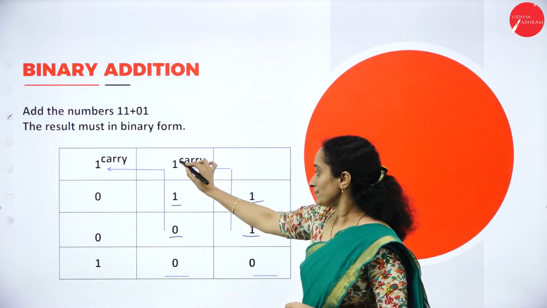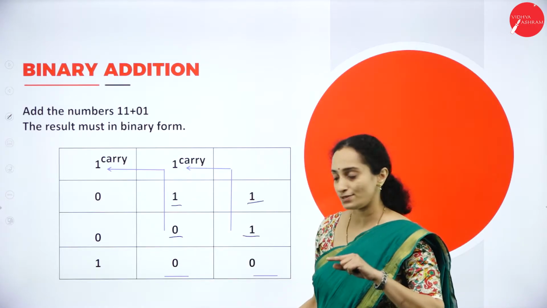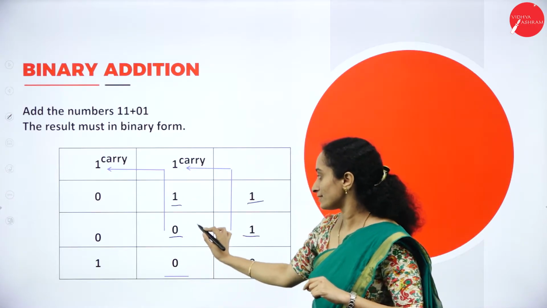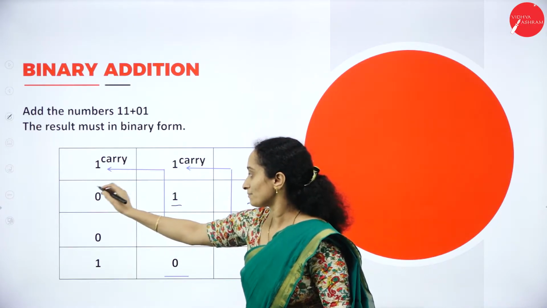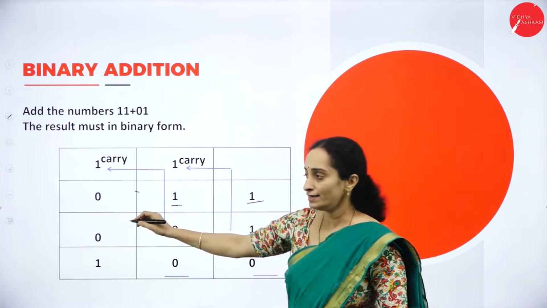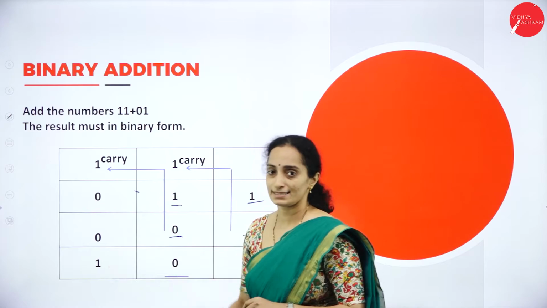Okay, 1 will be carried here. 1 plus 1 again becomes 1 0, where 0 will be the sum and 1 will become carry to the next. But you don't have a number here. So, the result will be 1. 1 is kept as it is.